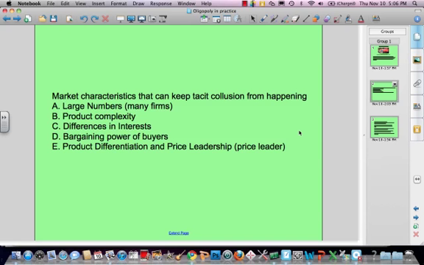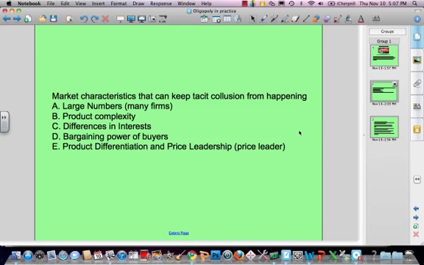The third is difference in interests among the parties. In order for tacit collusion to happen, the players have to agree on some sort of direct or indirect goal. Should prices be at a certain level, higher or lower? There may be disagreement about that. They might not even operate in the same regions, and they may have different ideas about regional market share.